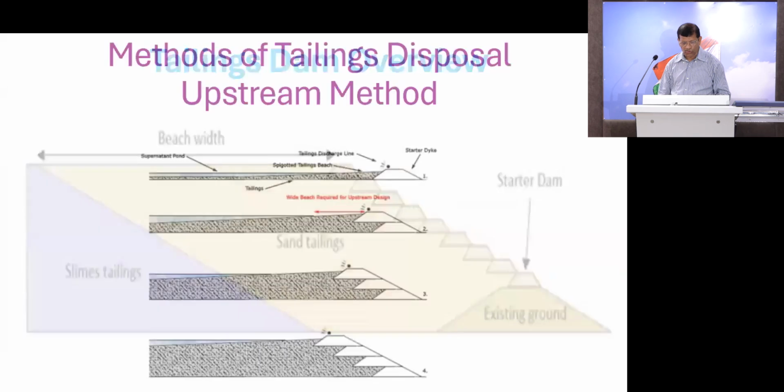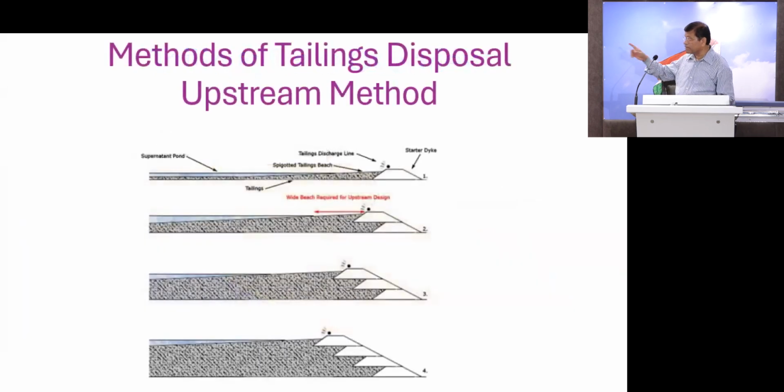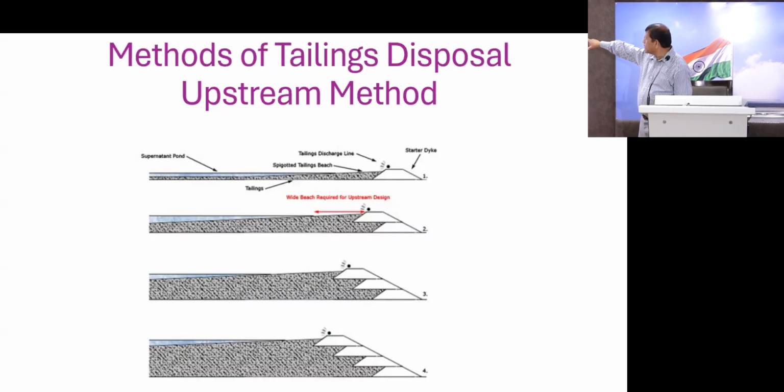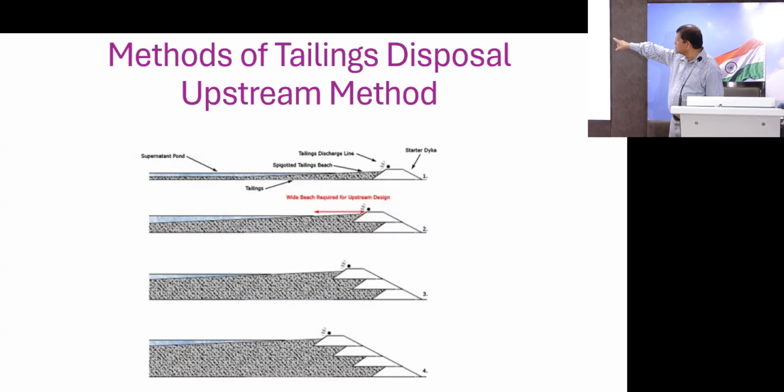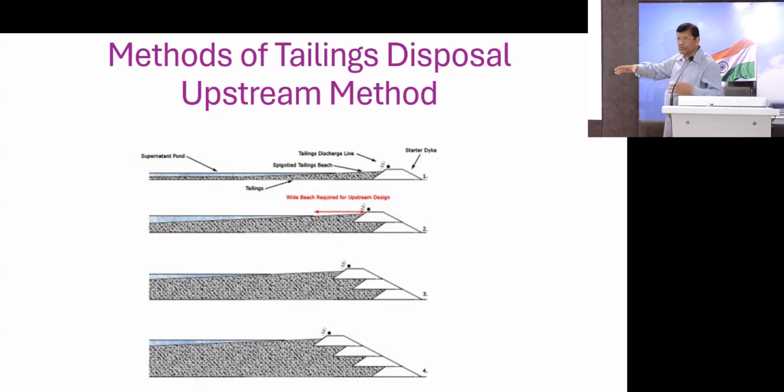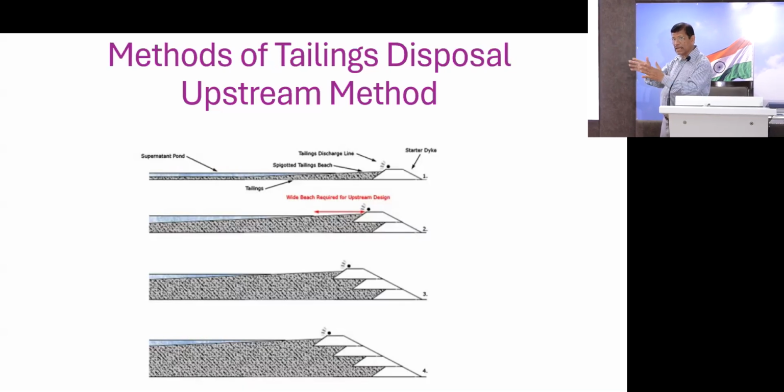Now let us go to this kind of method that I showed you. This is called the upstream method, and it is very simple. You can see that it starts with a starter dam initially. Then we put the tailings in it, and those tailings, like we showed there, can be separated. But initially those separations were not there, so the deposit is like a whole tailings.